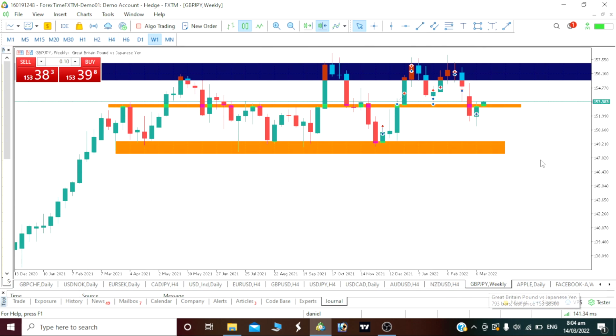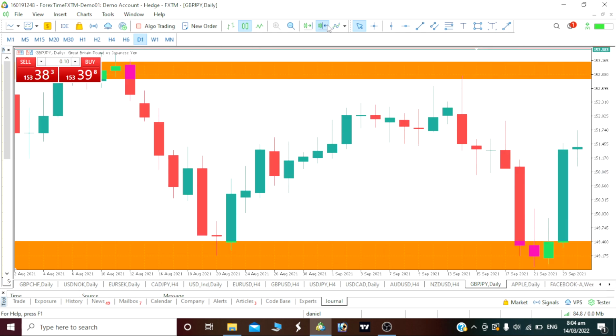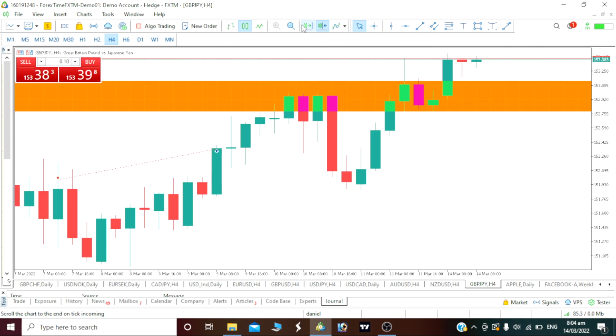On our pound JPY, wow, let's see if our price will be able to take us bullish for this week to this area here before we see that drop. Let's see how our price will play out today, so we can know how we will place our trade by tomorrow. On our daily time frame it is bullish, on our 4-hour time frame it is bullish.